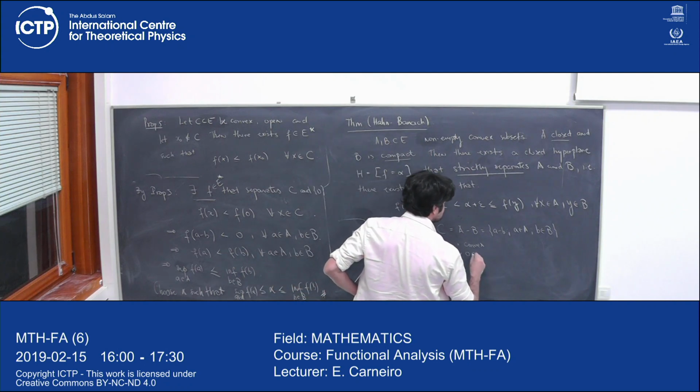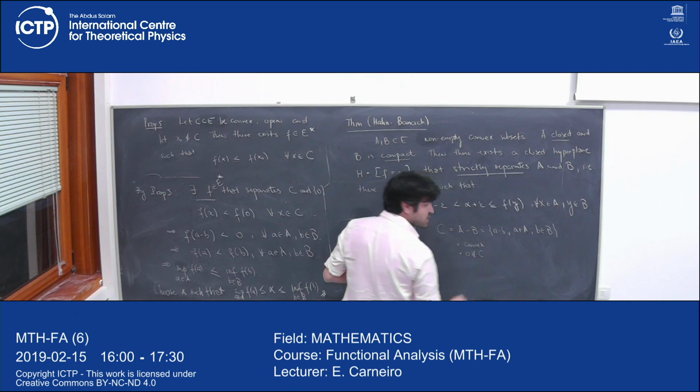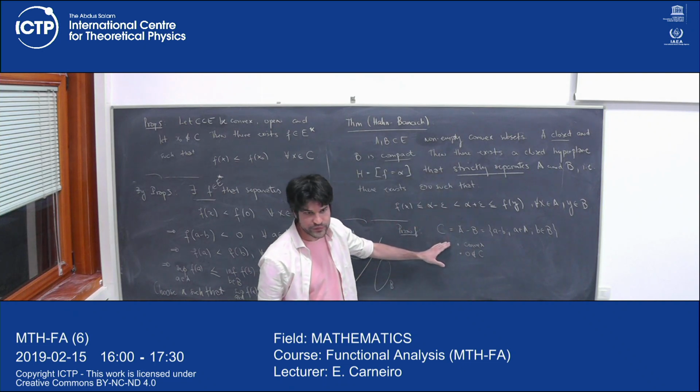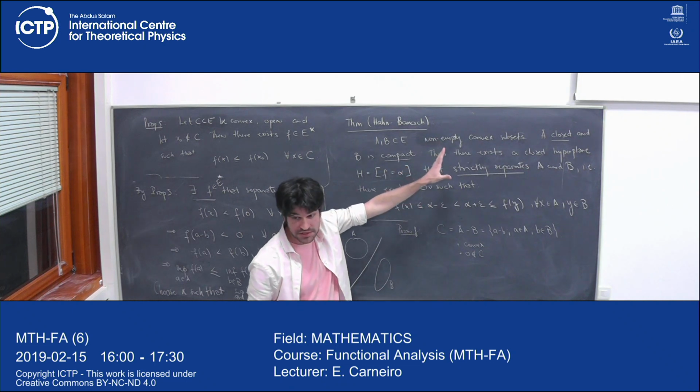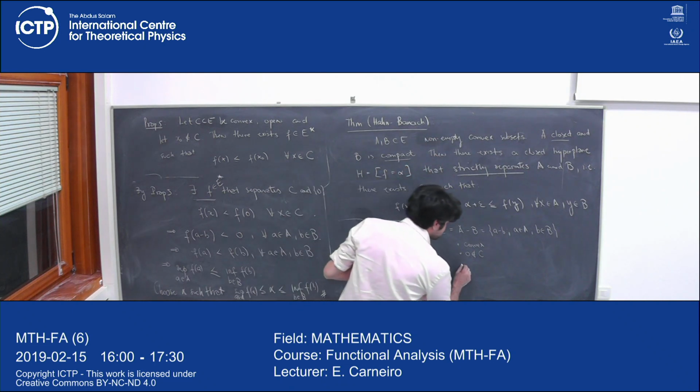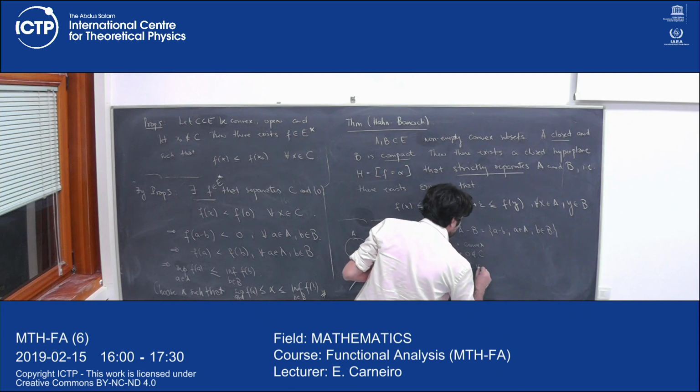We have seen that 0 does not belong to this set. Now it's not open anymore, because I'm not assuming that either of the sets is open. But, however, this C is actually closed.